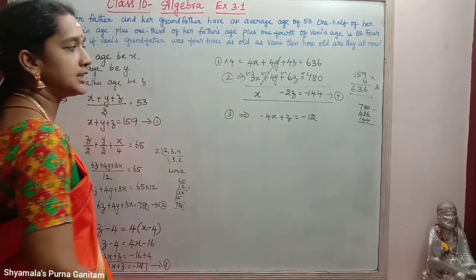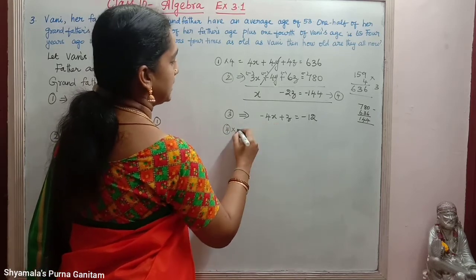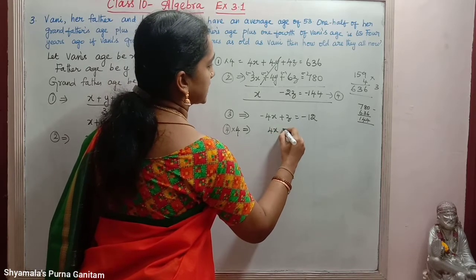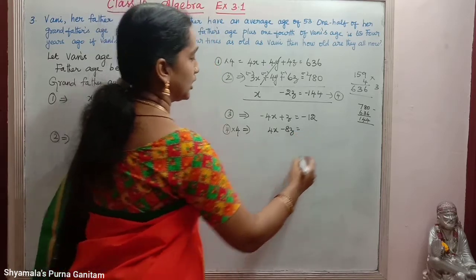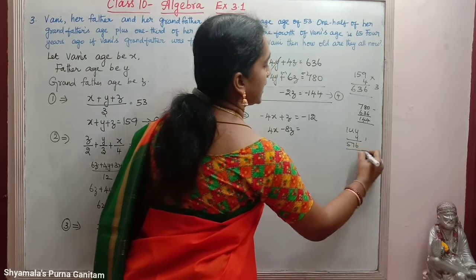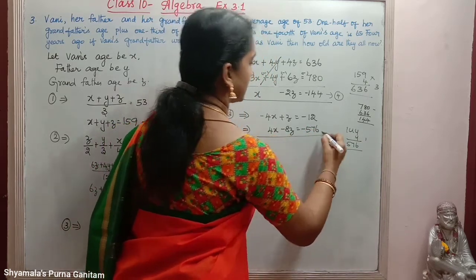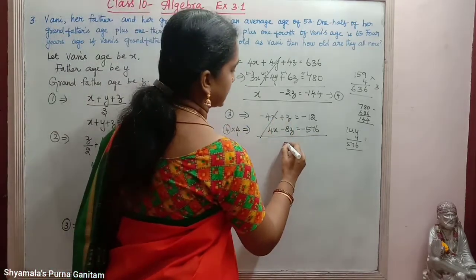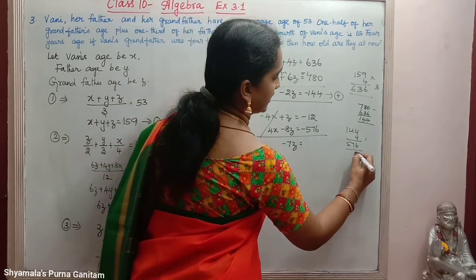The fourth equation we multiply by 4, so it will be 4x minus 8z is equal to 144 into 4, that is 576. Plus 4x minus 4x will get cancelled, so minus 7z is equal to 576 and 12.